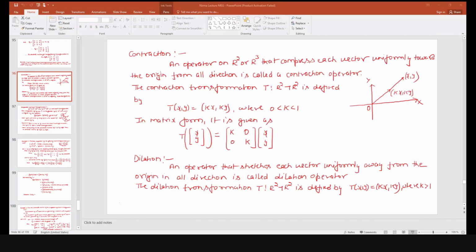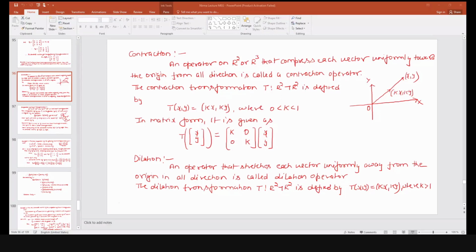If you draw this, Rn is this set and Rp is this set. T1 is the transformation from Rn to Rm, and the range of T1 is a subset of Rm.